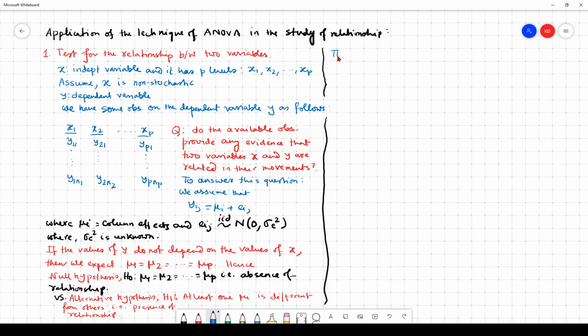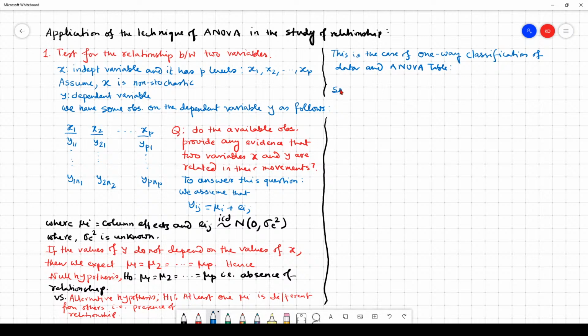This is the case of one-way classification of data. And the ANOVA table is as follows.